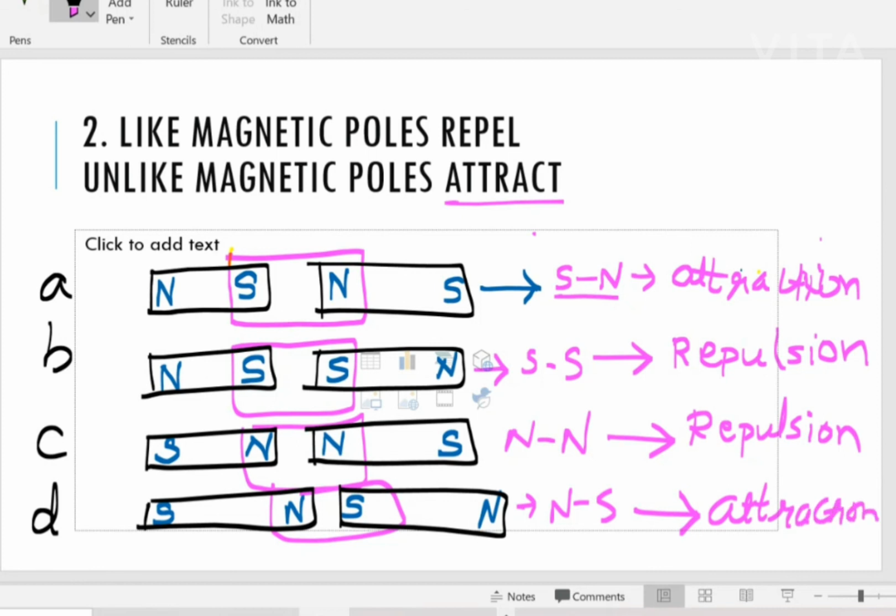Here you have 4 different types of bar magnet pairs with different labelings and arrangements, showing where attraction or repulsion happens. You have to identify by following the second property of a magnet, that is, like magnetic poles repel and unlike magnetic poles attract. So it's very easy.